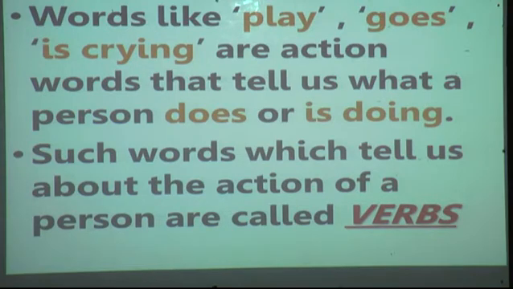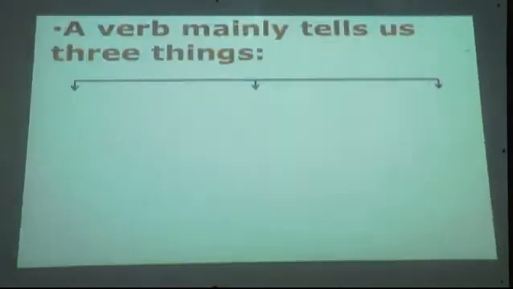Verb is nothing but the action which a particular person does. We can say more examples of verbs such as singing, dancing, eating, playing, reading, teaching. These are all the action verbs which come under verbs.